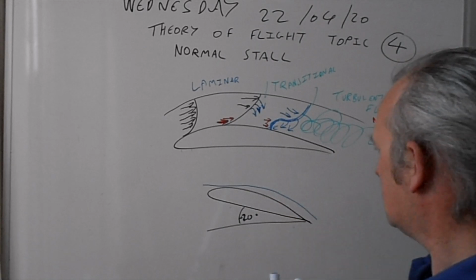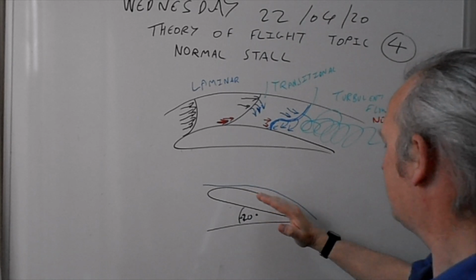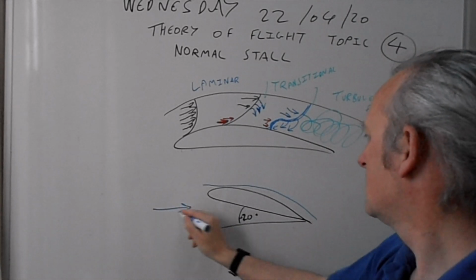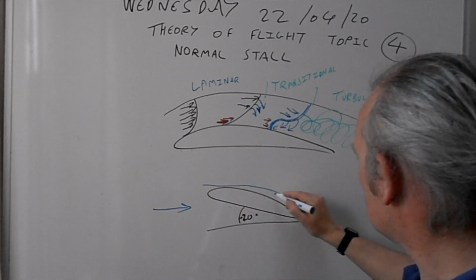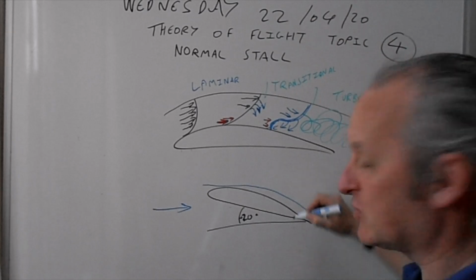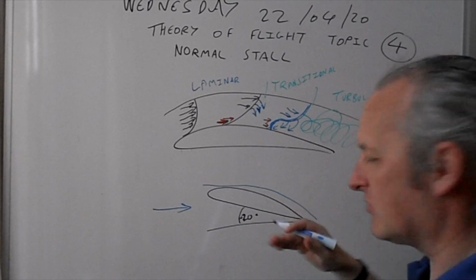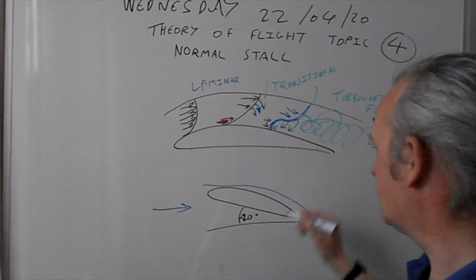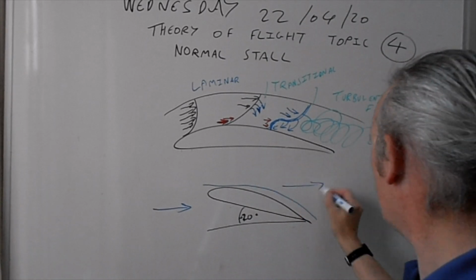At 20 degrees, if you can imagine the relative airflow is now coming from here, the viscosity bonds between the layers of air, where the layers of air are sticking to each other, are being stretched, because the air basically wants to go to a party over here.